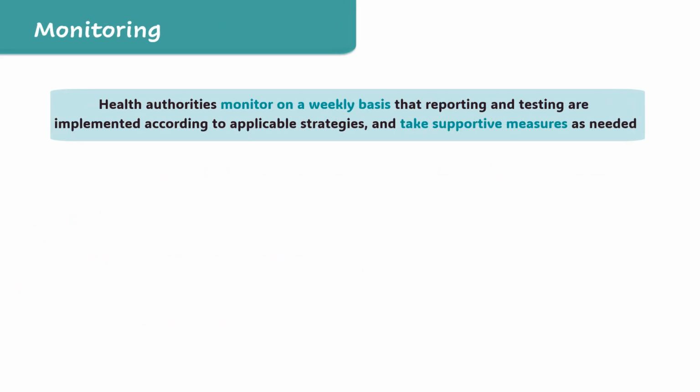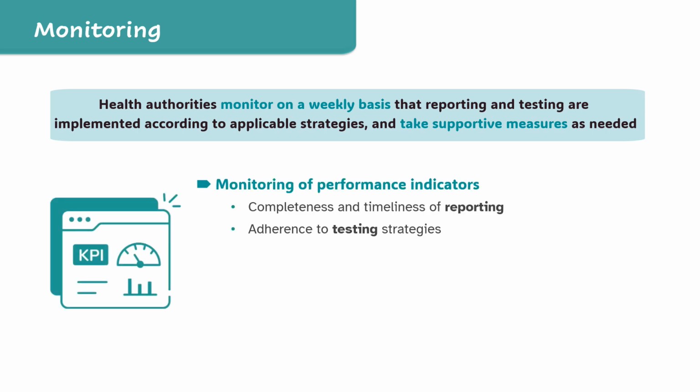Health authorities monitor at least on a weekly basis that all reporting sites and laboratories report and test suspected cholera cases in accordance with applicable strategies, and they take supportive measures to improve reporting and testing as needed. To monitor that reporting and testing are performed in accordance with applicable strategies, health authorities monitor surveillance performance indicators, in particular, the completeness and the timeliness of reporting and the adherence to applicable testing strategies.